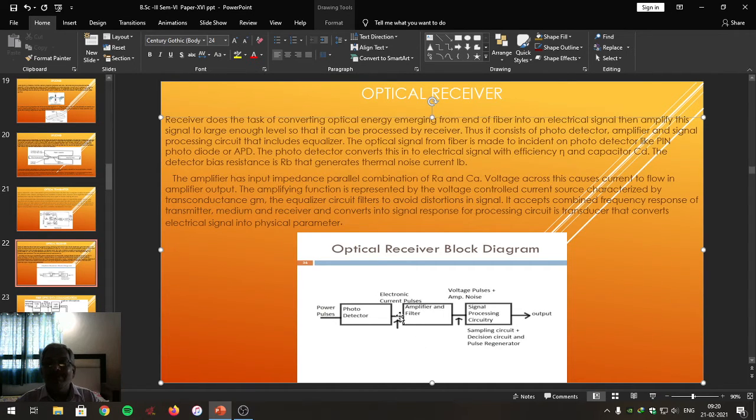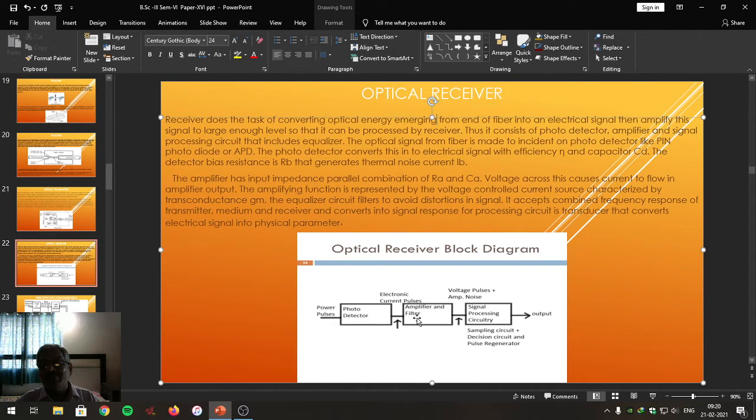It may be any integrated circuit which is going to act as an amplifier, or even a transistor in common emitter mode is going to act as an amplifier. So the amplified signal is processed. Obviously, the parameters are going to be matched with each other.